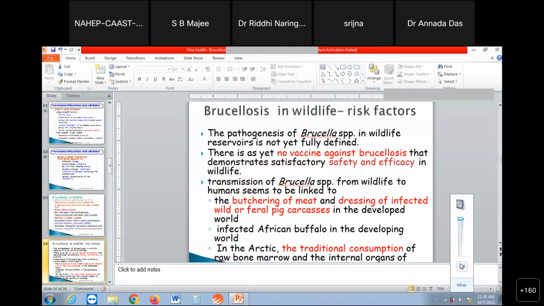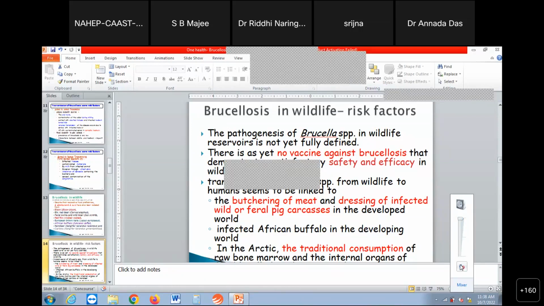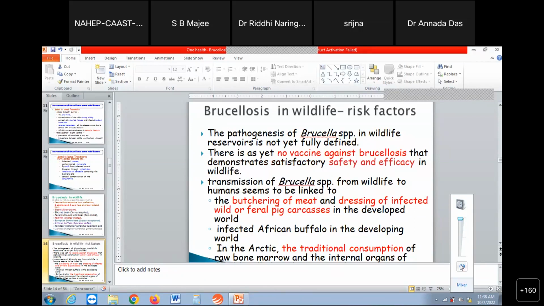Second most worrisome factor is that there is no vaccine against brucellosis that demonstrates satisfactory safety and efficacy in wildlife. Now this again is a worrisome factor when we talk about this very elusive niche, which is not very easily accessible to most veterinarians. Then transmission of Brucella species from wildlife to humans.